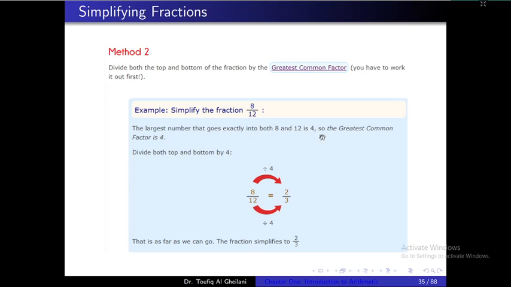So the greatest common factor between 8 and 12 is 4. So we divide both the top, the numerator, and the bottom, the denominator, by 4. 8 divided by 4, we get 2. 12 divided by 4, we get 3. So the fraction simplifies to 2 over 3.